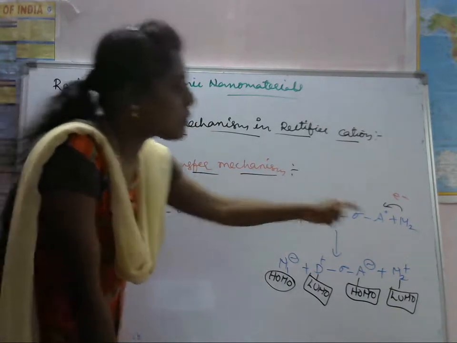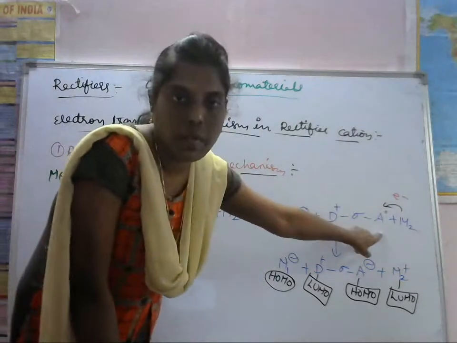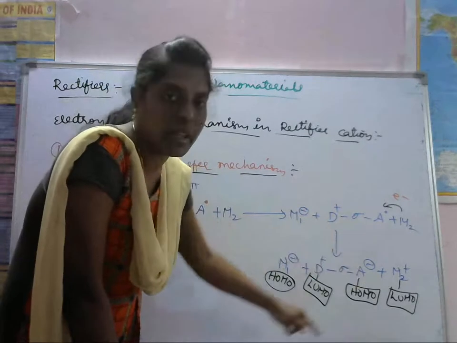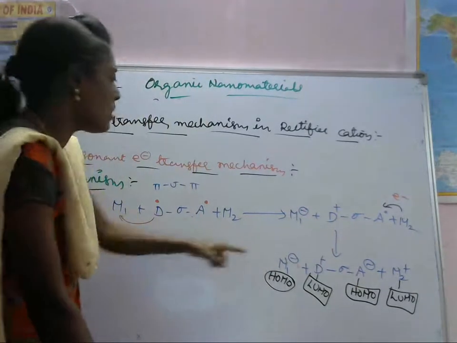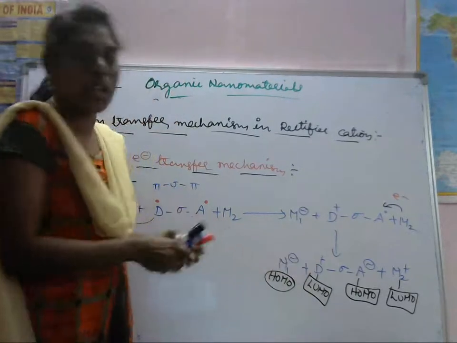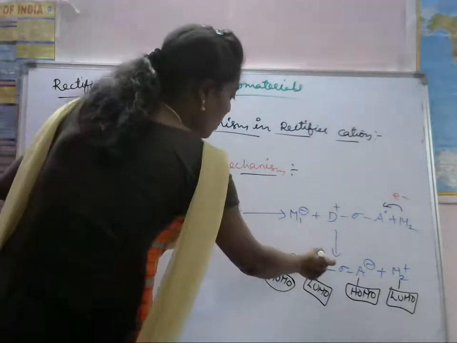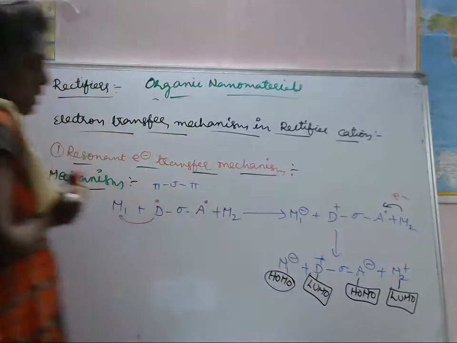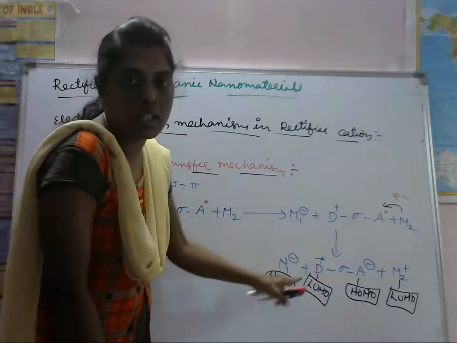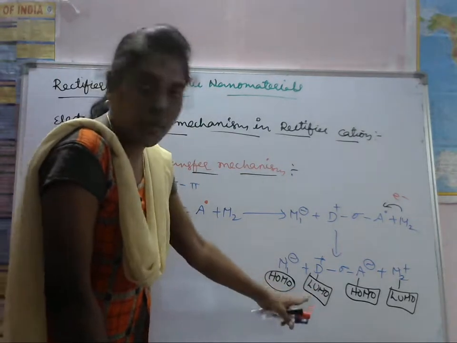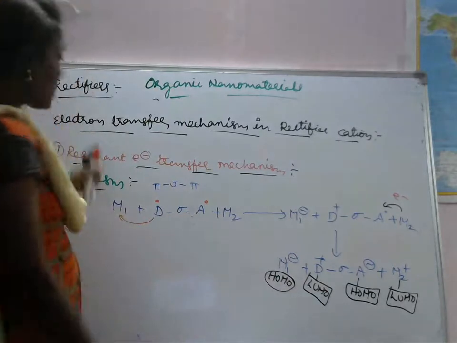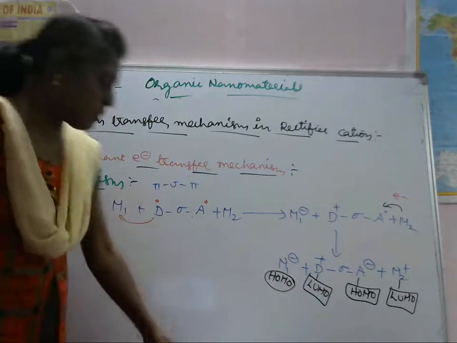If M2 transfers one electron to this A, which already has one electron, then A becomes A minus. So minus charges are said to be HOMO, plus charges are said to be LUMO. Here the highest occupied molecular orbital is HOMO, and LUMO means the lowest unoccupied molecular orbital. So this is the resonant electron transfer mechanism.